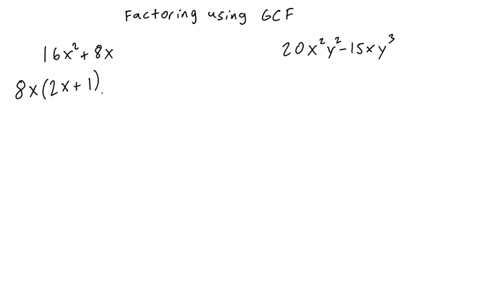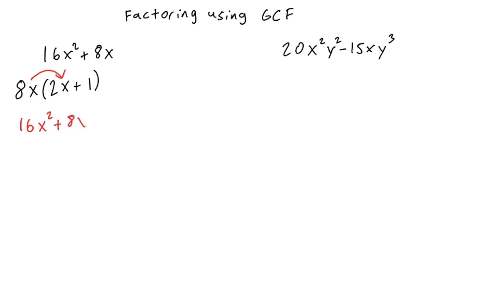However, I call it backwards distributive property because if you were to distribute that 8x in, so distribute, 8 times 2 is 16, x times x is x squared. Remember, you need to add the exponents, so each of these have a 1 for an exponent. So 1 plus 1 is 2, but anything multiplied by itself is also squared. And then 8x times 1 is 8x.